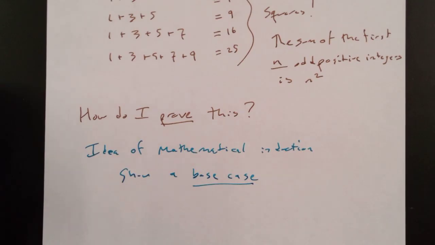I want to start by showing a base case. I can get on the ladder. Getting on the ladder in this case means I want to be able to prove this for one particular value.